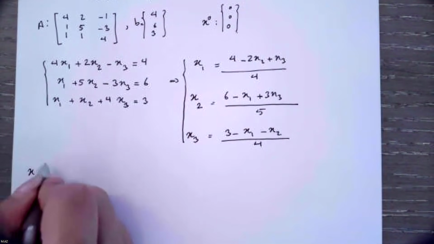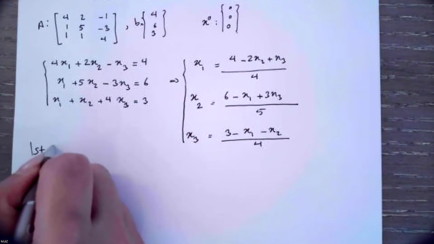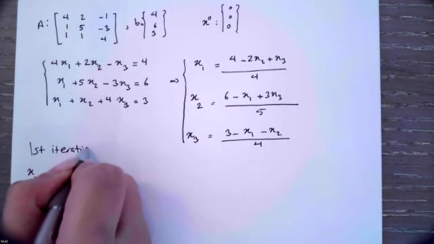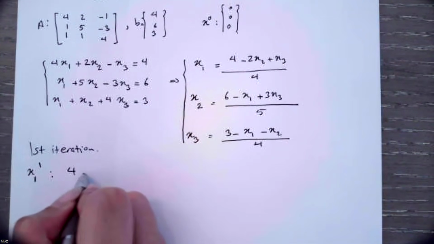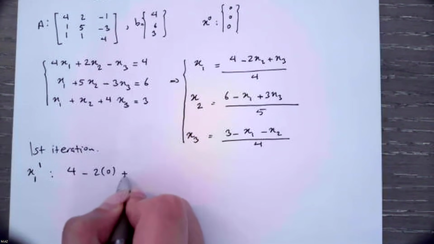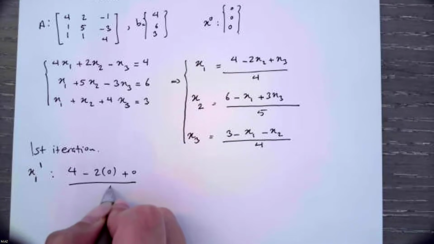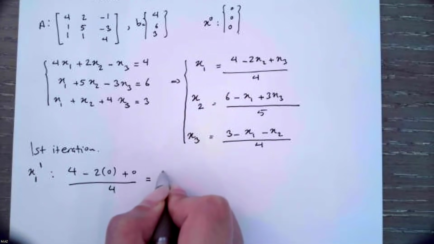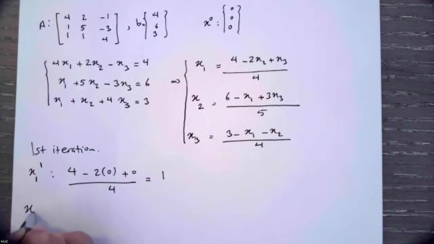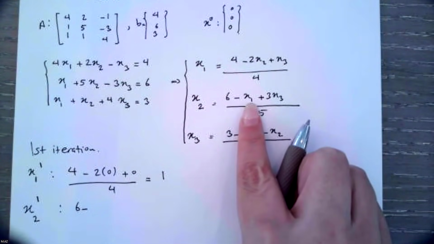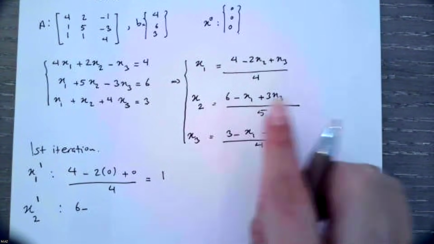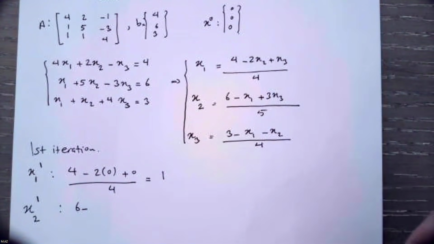The value of the x1 for the first iteration is 4 minus 2 times 0 over 4. The value of the x2 for the first iteration is 6 minus. This is the Gauss-Seidel method: use the most recently updated solution value.